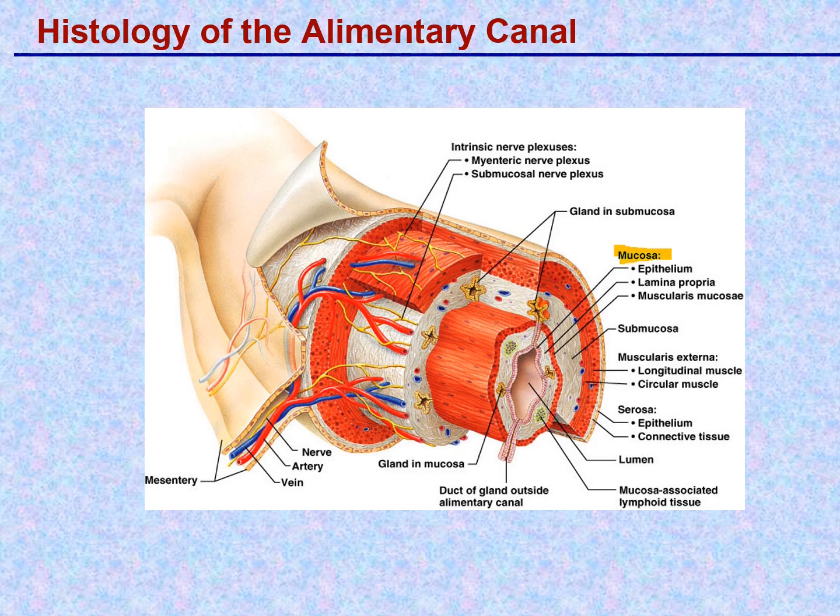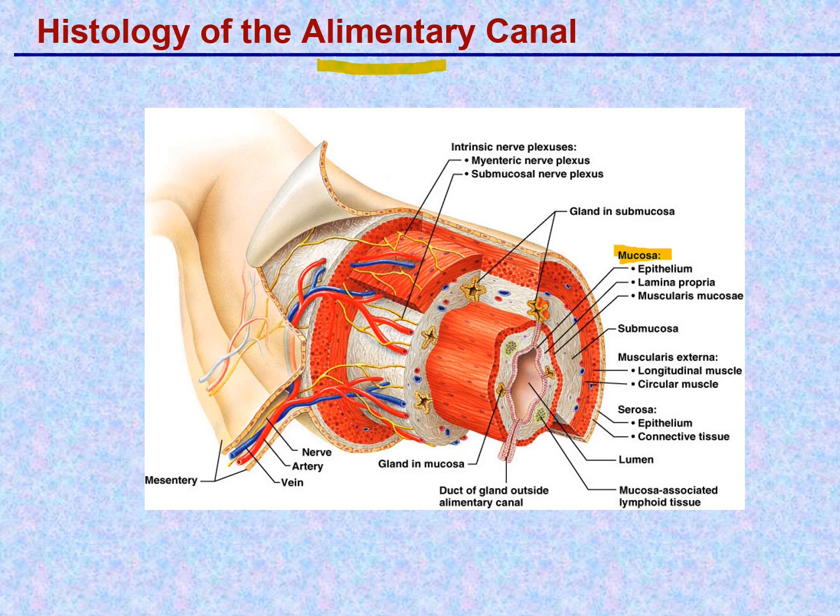Looking at the mucosa, it has several subsections, and we're going to go through these in more detail on each of the following slides. The mucosa itself is the layer of tissue right adjacent to the space, or lumen, of the gastrointestinal tract. GI tract is more commonly used than alimentary canal.